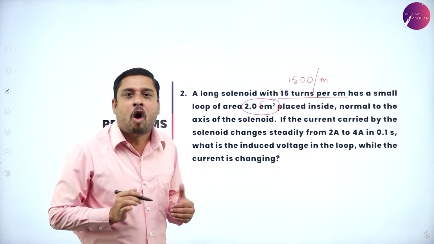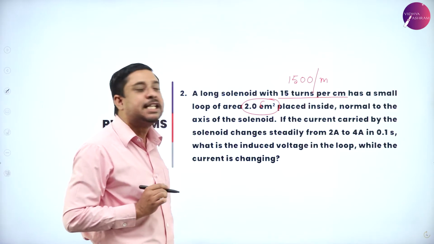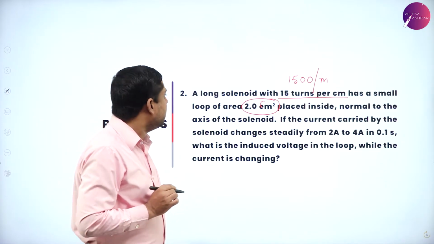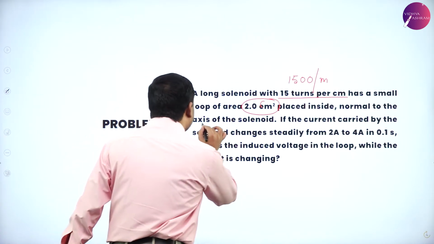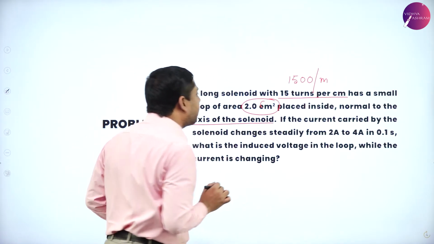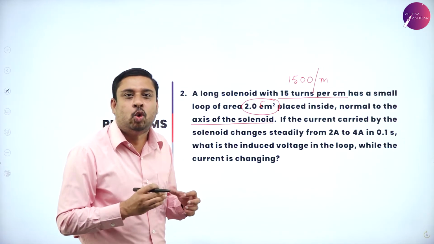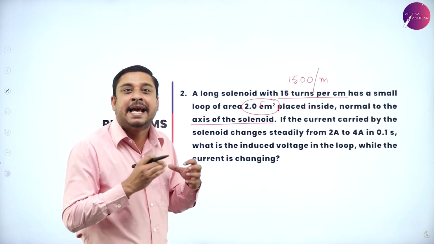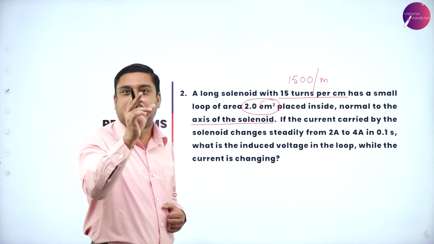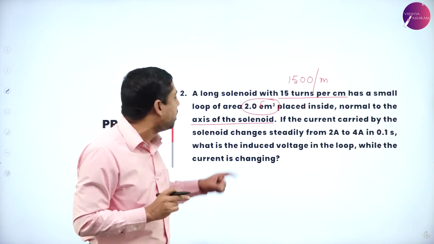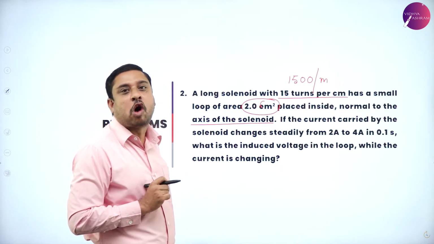Area of the loop is 2 centimeter square, placed inside, normal to the axis of the solenoid, which means the loop is placed inside a solenoid on its axis. Very important keyword to solve the problem, axis of the solenoid.